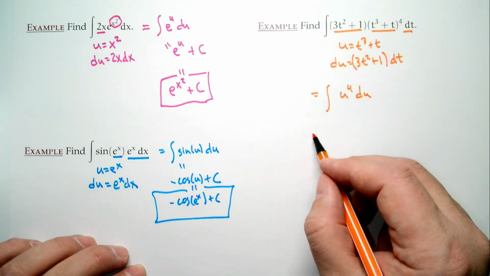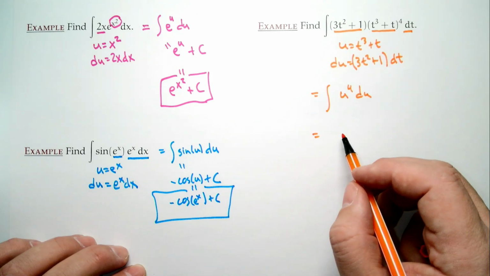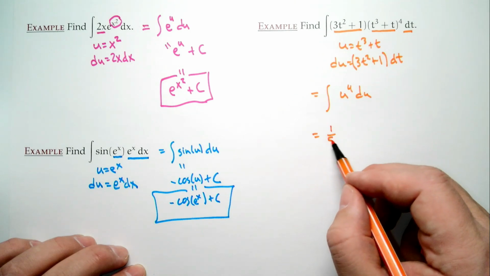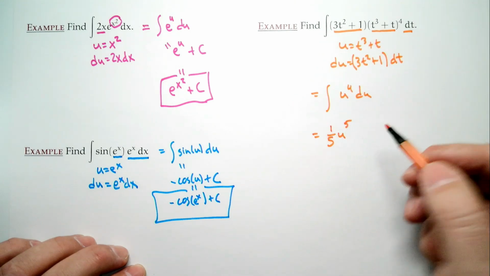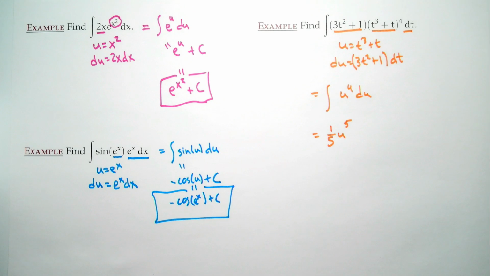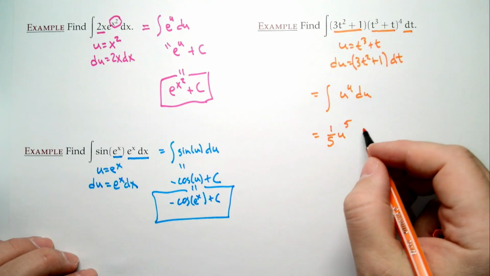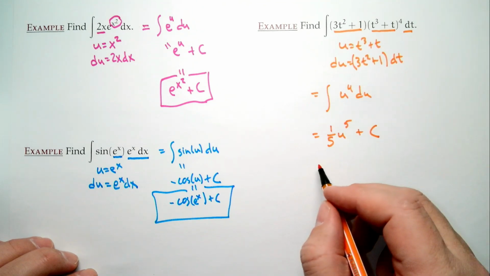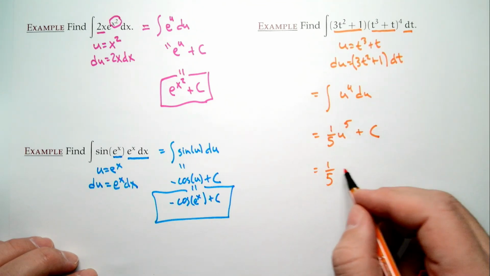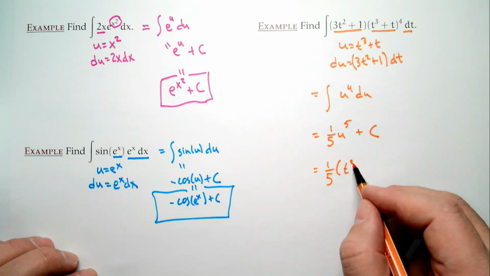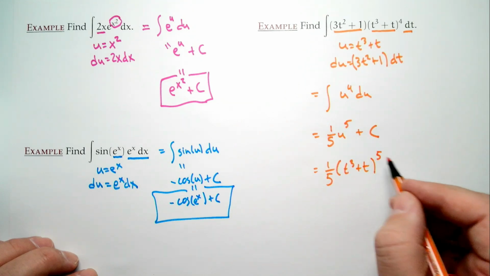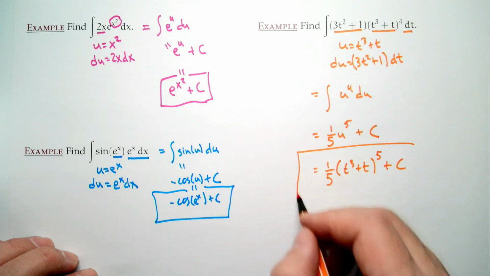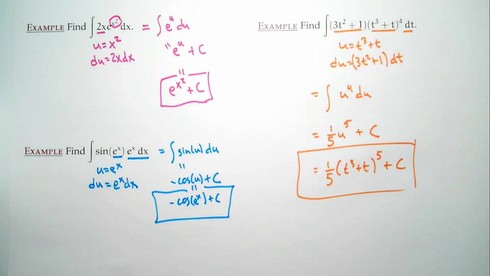What's the integral of u to the fourth? 1/5 u to the fifth, because you add 1 to the exponent, so 4 plus 1 gives 5, divide by your new exponent, and of course we want our points, plus c, and to finish off, replace, so 1/5 t cubed plus t to the fifth plus c.